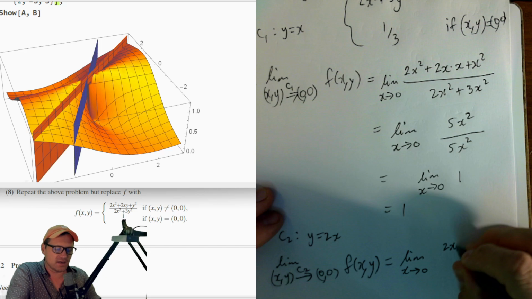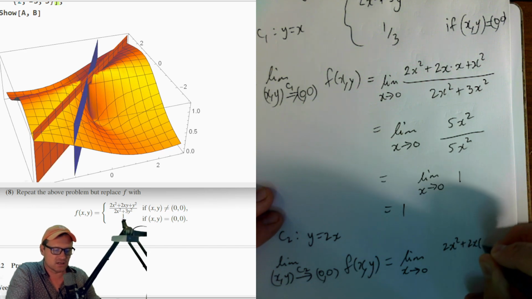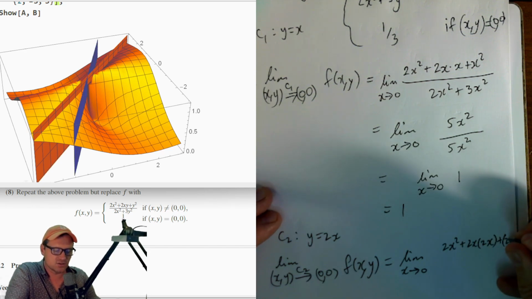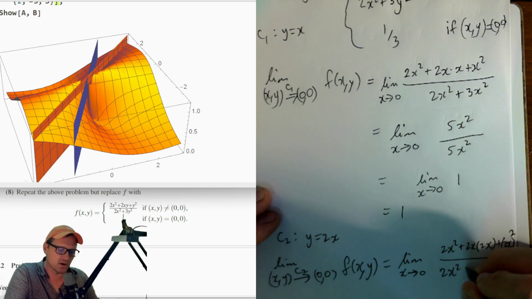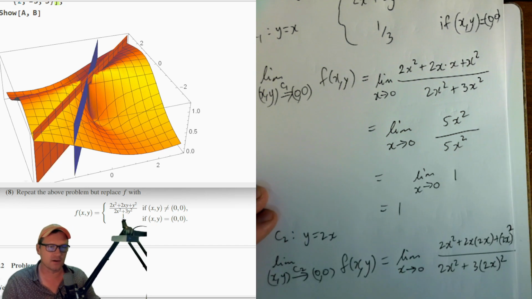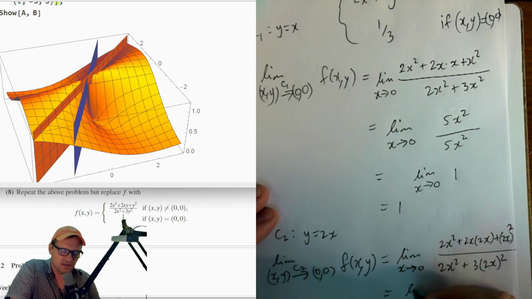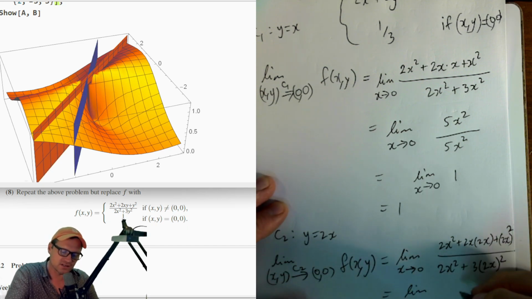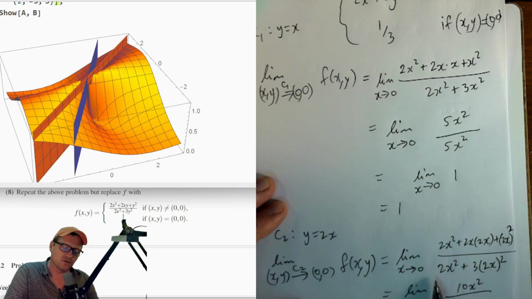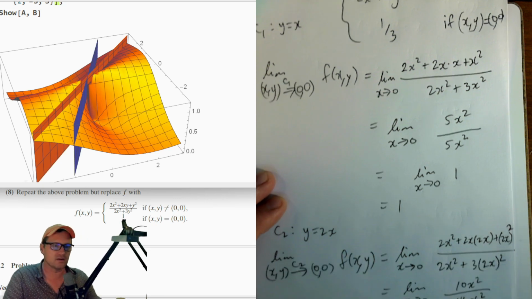So we have 2x squared plus 2x times 2x plus 2x all squared, over 2x squared plus 3 times 2x all squared. Simplifying, 2x squared plus 4x squared is 6x squared, plus another 4x squared gives us 10x squared, over 2x squared plus 3 times 4, 12x squared, so 14x squared.